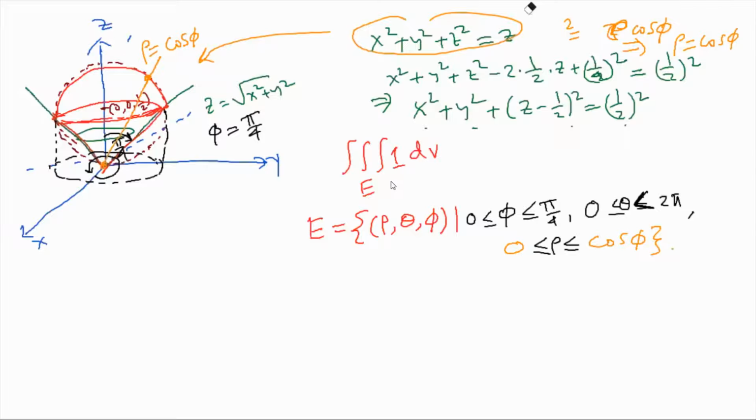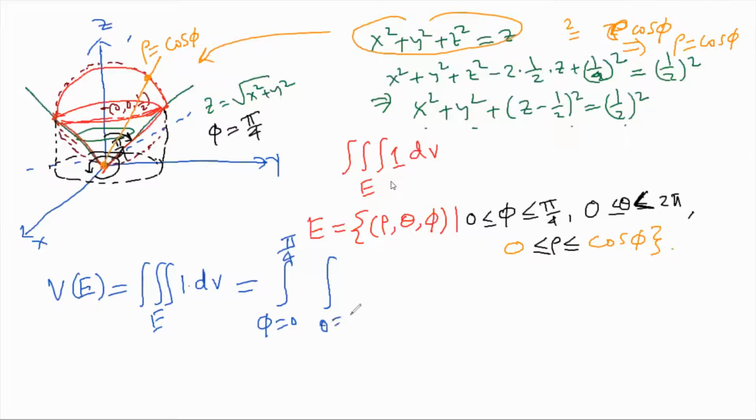So the volume of E is the triple integral of 1 over the solid, and that becomes in spherical coordinates: phi from 0 to pi over 4, theta from 0 to 2 pi, and rho from 0 to cosine phi.